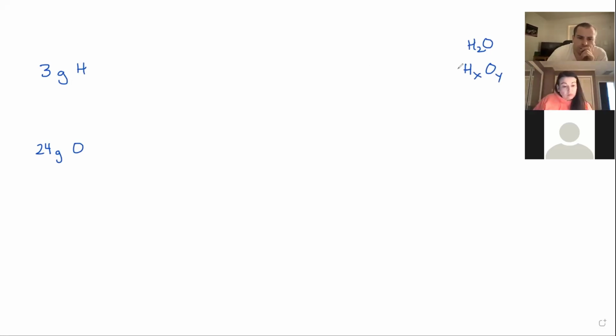All right, so the first thing to remember is that these formulas are a molar relationship. They are not a mass relationship. Why is that important? Well, because right now, these things are in a mass value. I don't want them in a mass value if I'm trying to come up with a formula. I need to get them into a mole value.